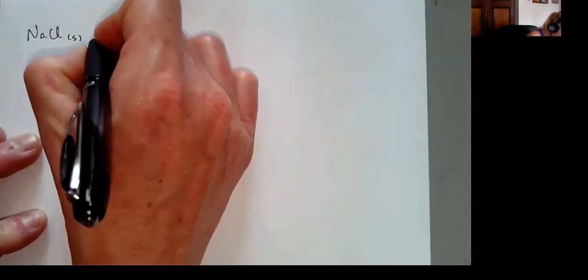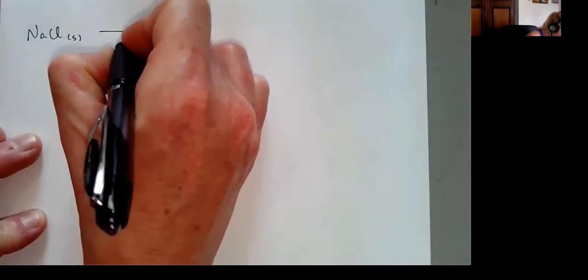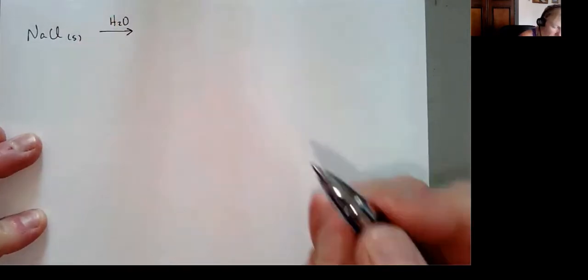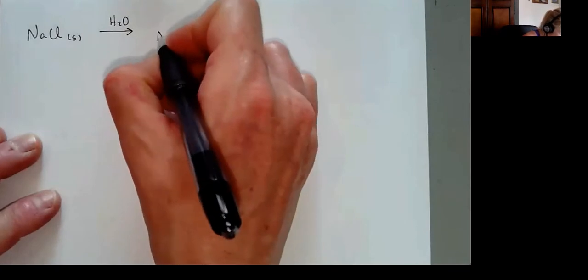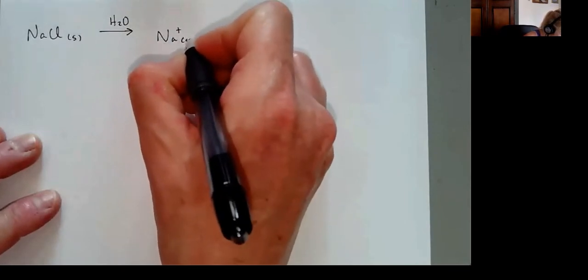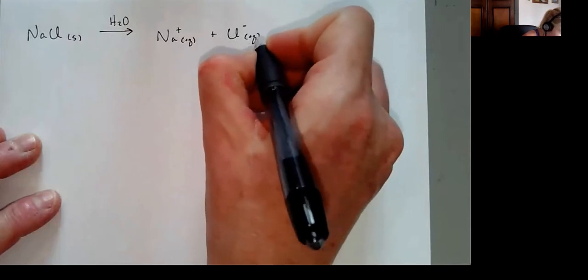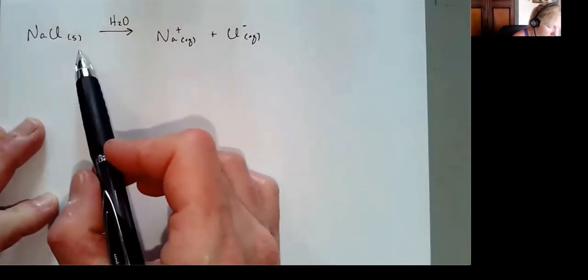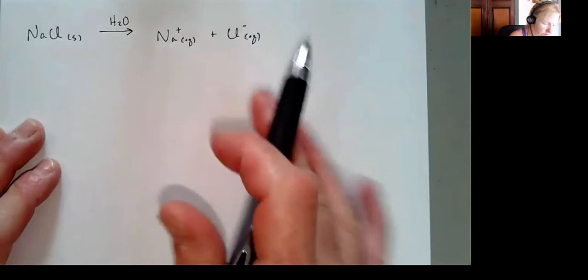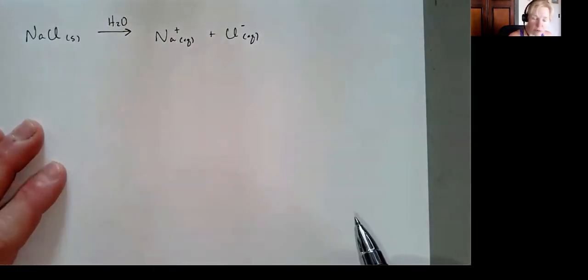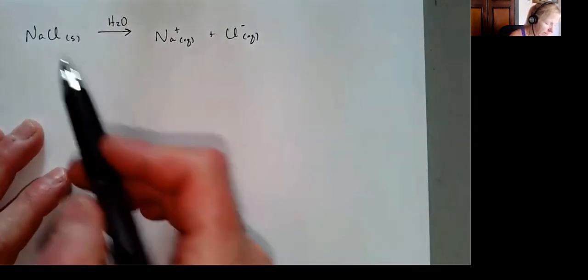So if I have solid sodium chloride, let's say I add that to water. I'm just going to write water over the arrow. I'm going to start forming ions in solution, so I'm going to note them here as aqueous. And I can continue to add sodium chloride, and sodium chloride is very soluble in water, so I can add a lot of that.